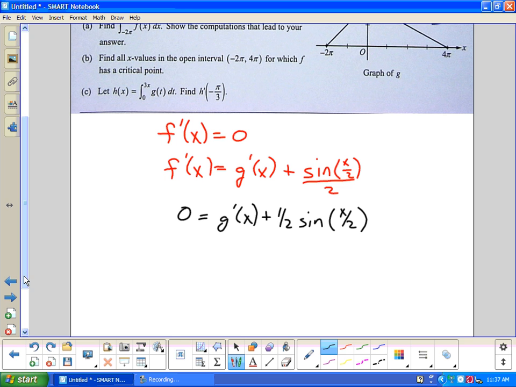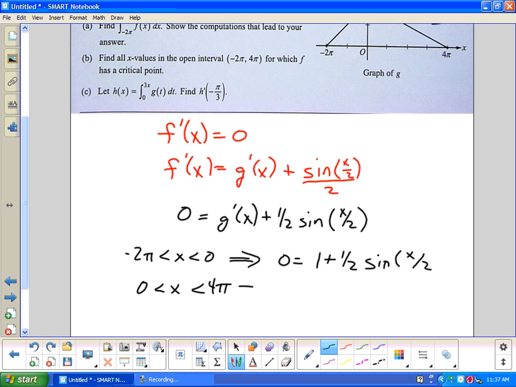From negative 2 pi to 0, it is going to be 1 plus a half sine x over 2 equals 0. And then from 0 to 4 pi, the function is going to be this. Do you guys agree? And this is why we learned all of these trig functions in pre-calculus, all my pre-calculus students, because here we have two simple trig problems that we should solve like machines.